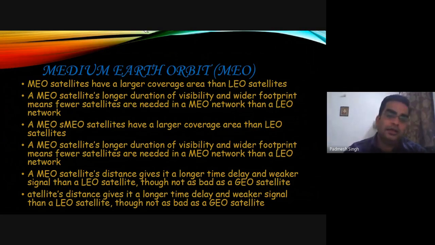It has a longer time delay and weaker signal than LEO satellite, though it is not as bad as GEO satellite, meaning geostationary satellite. So for medium requirements, for example, it is used for weather communication as well as for prediction of various locations of our strategically military locations, etc.